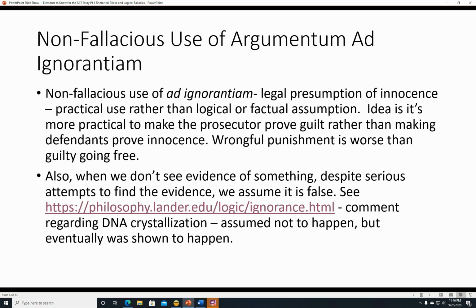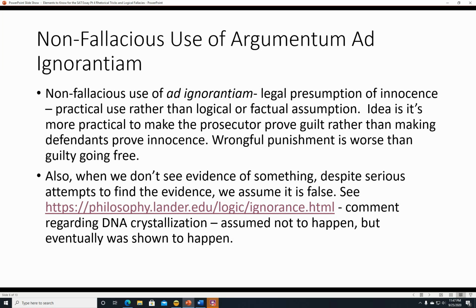Also, when we don't see evidence of something, despite serious attempts to find the evidence, we assume that it's false. So under philosophy.lander.edu, there's a comment regarding DNA crystallization. It's assumed not to happen, even though it was eventually shown to happen.